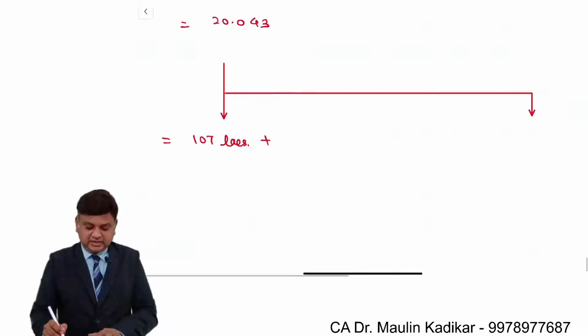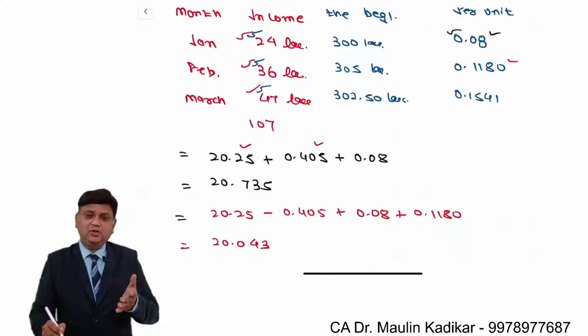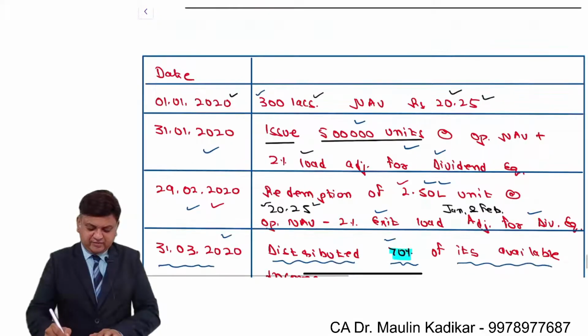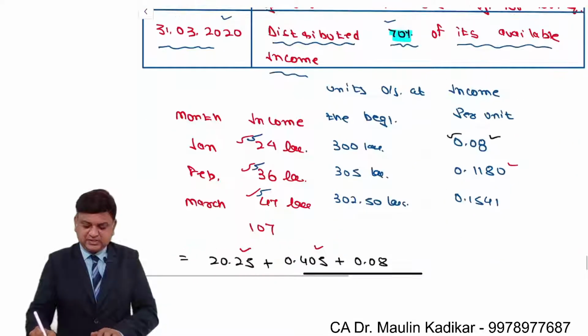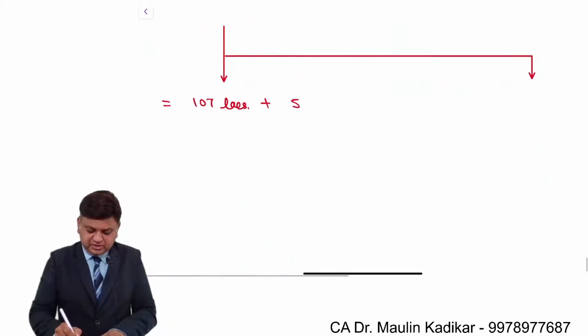Plus, listen carefully to what I am going to say. At the end of January, you have issued 5 lakh units. From these 5 lakh units, you have asked them to compensate 8 paise. So the amount available for distribution increases: 5 lakhs into 0.08.